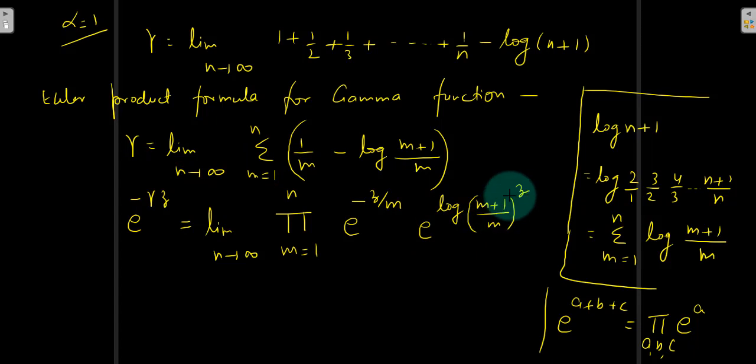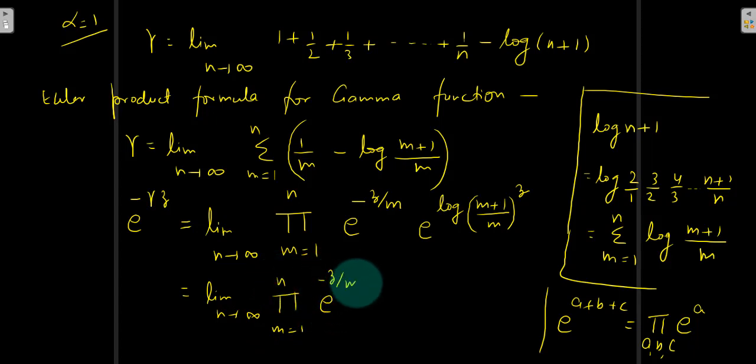Now e to the power log of something directly becomes: limit n tends to infinity, product m equals 1 to n of e to the power minus z over m, and this becomes (m+1) divided by m to the power z.